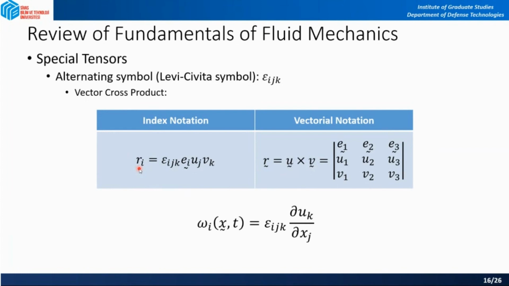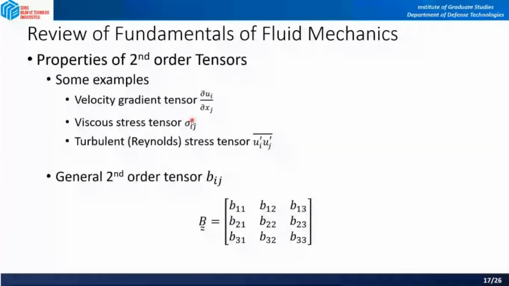So before giving the properties of second order tensors, we give some examples of tensors. We just said that the velocity gradient is a second order tensor. The viscous stress tensor, which you have both in fluid mechanics and in solids, sigma ij.